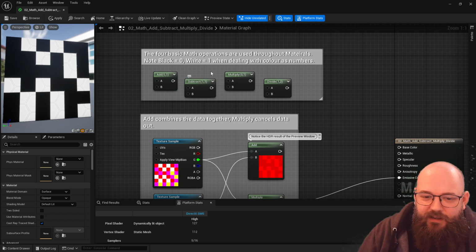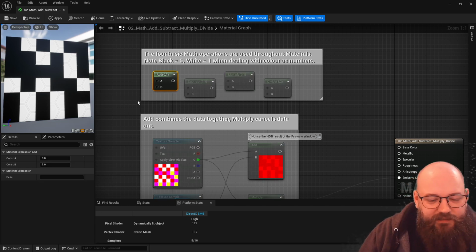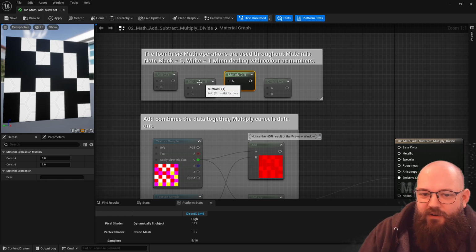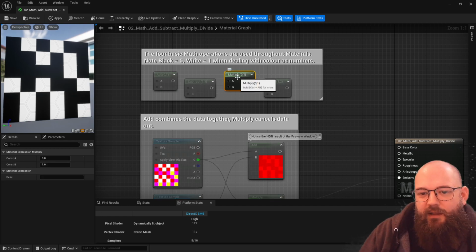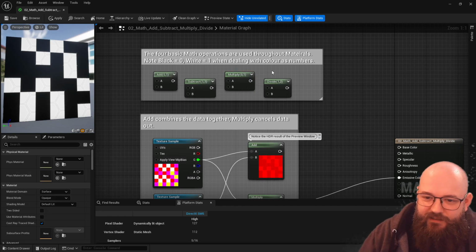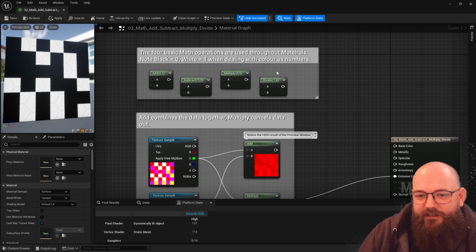So adding things together, it doesn't matter what order you add things together, it's order independent, same with multiplying, but with subtraction and division you have to care about which operator comes first. And so often, rather than dividing by 2, you'd multiply by a half, just as a very slight optimization and keeping things slightly quicker.